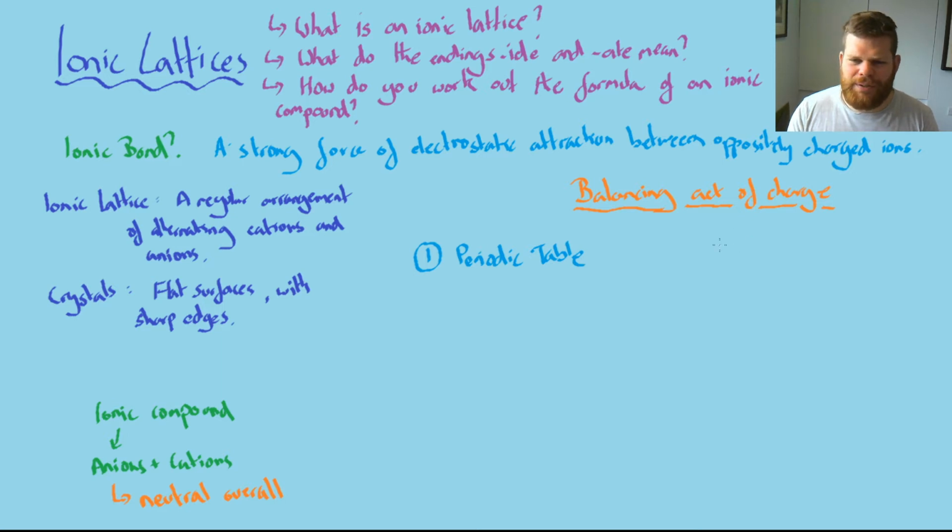The second is, unfortunately, you just have to learn some. And the more complex ones are the ones you just have to learn. But I will give you a list of those. So, this is the first part, finding out what that charge means.